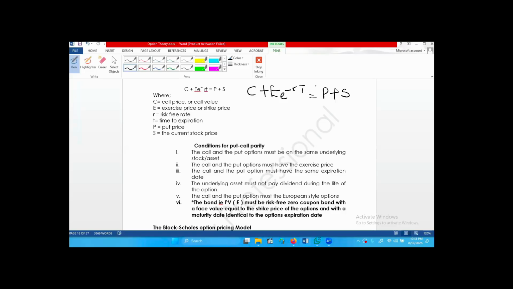You can only use this formula to calculate European option contracts, that is, the contracts can only be exercised at maturity, on the maturity dates.